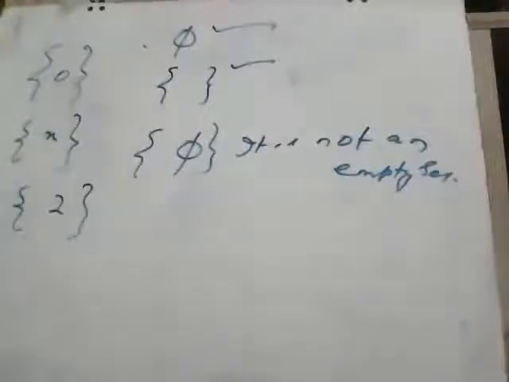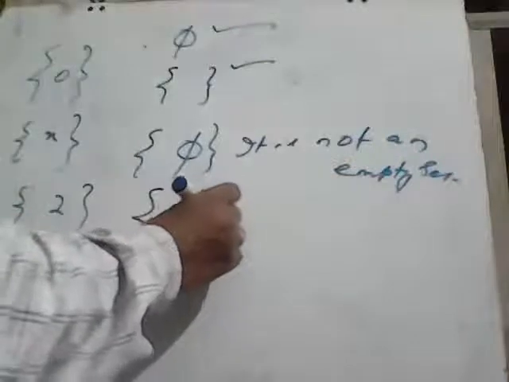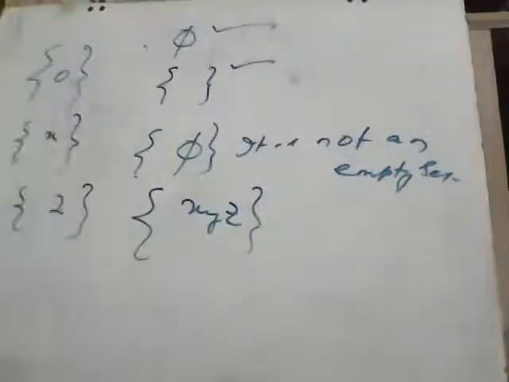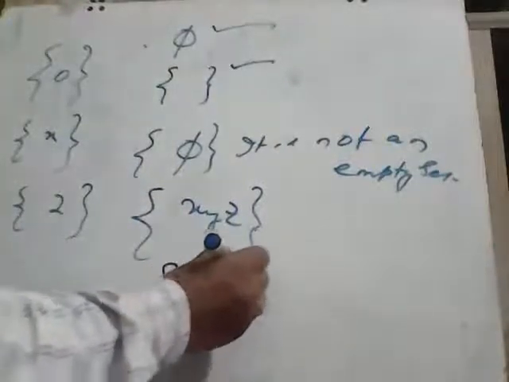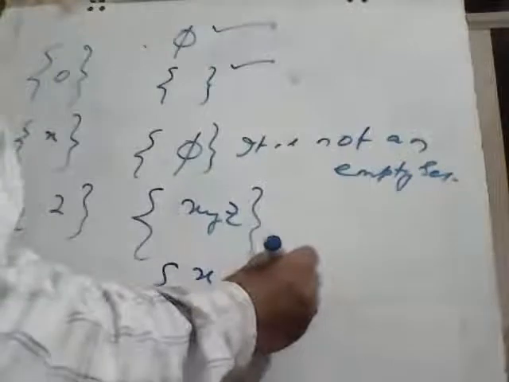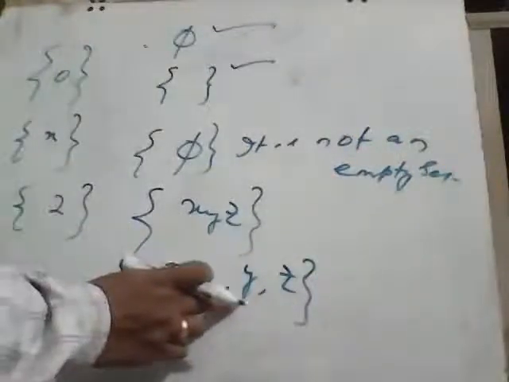Suppose one set is written here, the set containing 0, the set containing x, now the set containing 2, like this. Suppose we are writing {x, y, z}, it is a singleton set. The element is x, y, z. But when we are writing x, comma y, comma z, it is not a singleton set. It has three elements.